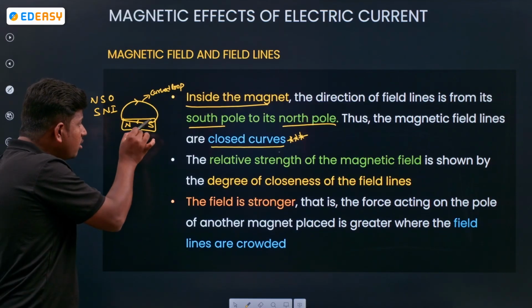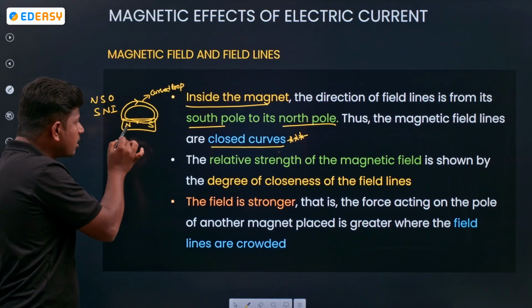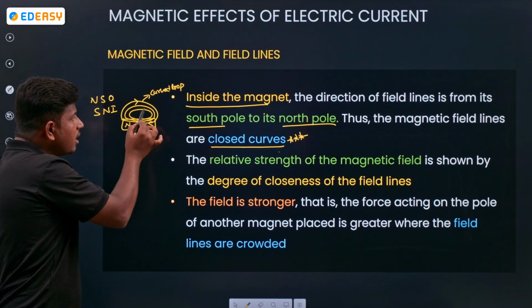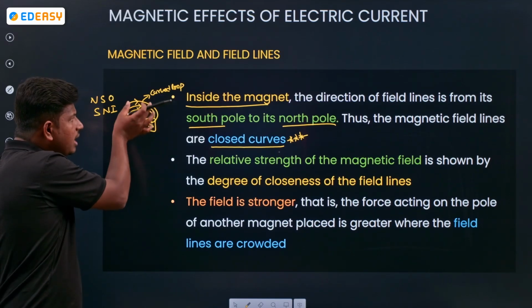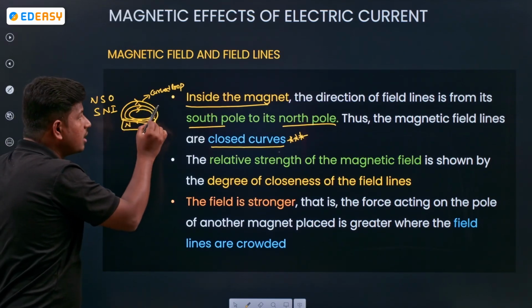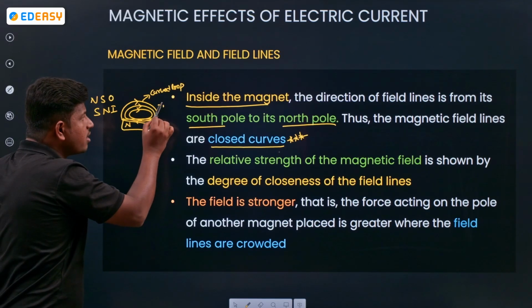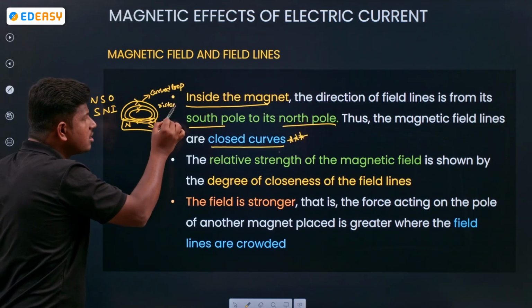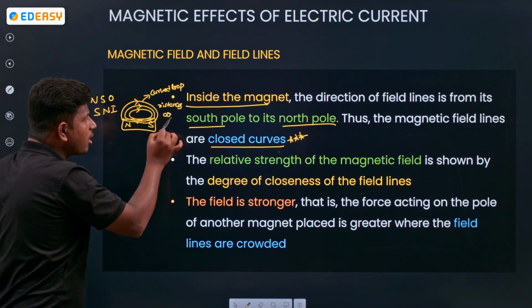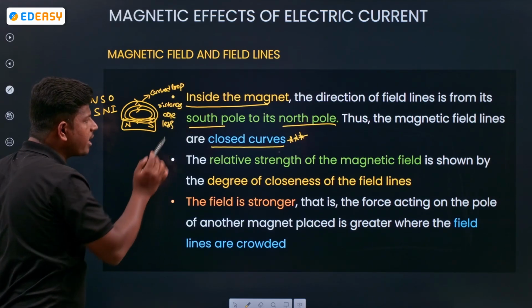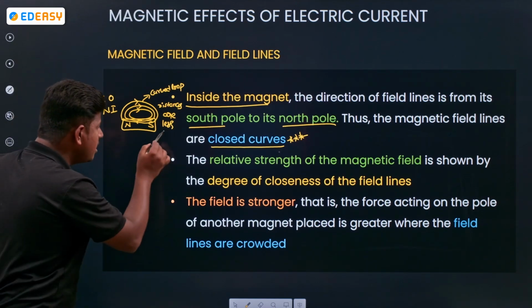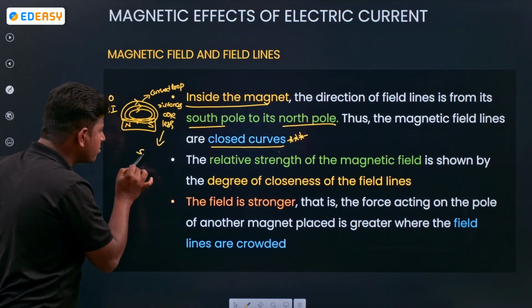If the number of loops are like this, between one field line and another field line the distance is very less, meaning the distance between the magnetic field lines is less, then the strength will be maximum.